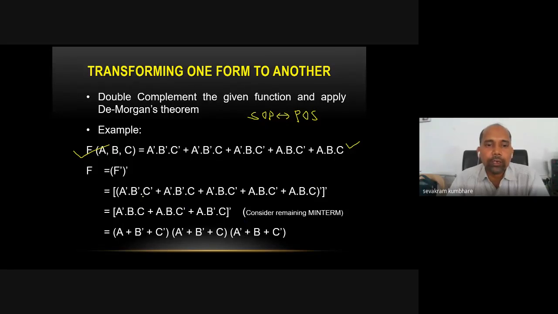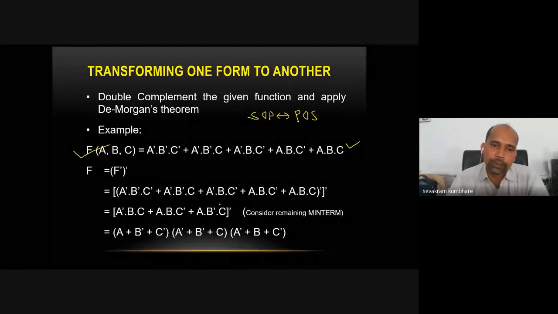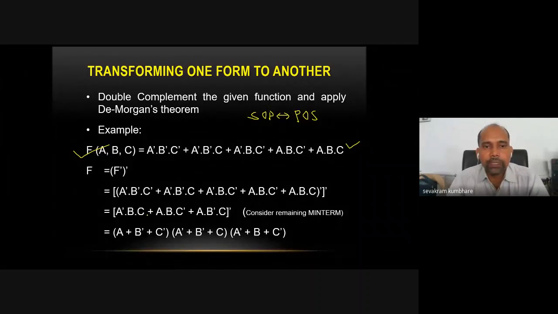In this question 5 terms are there: 1, 2, 3, 4, 5. So the remaining 3 terms are nothing but the complement of this function. That's why A bar BC, which is not there in this, is a complement of this function, plus AB C bar and AB bar C. These are the complement of the given function, the one's complement.